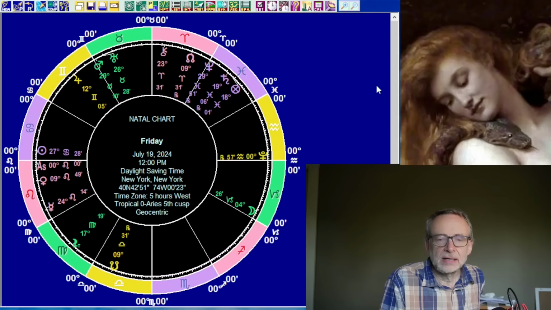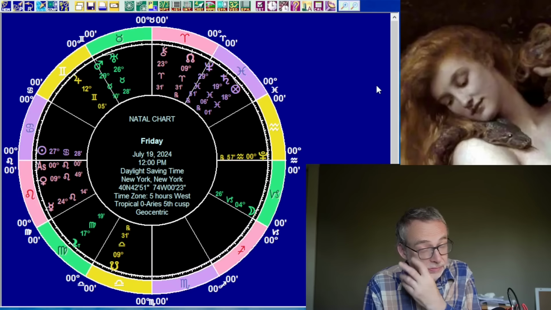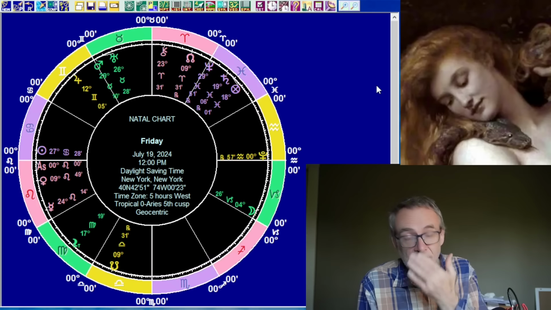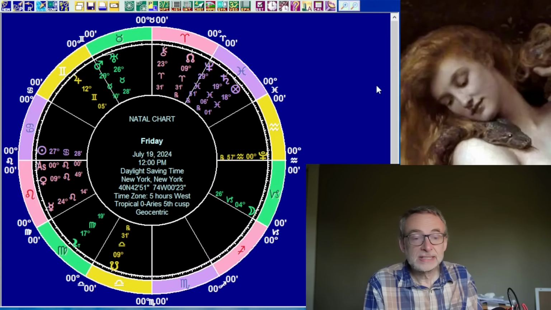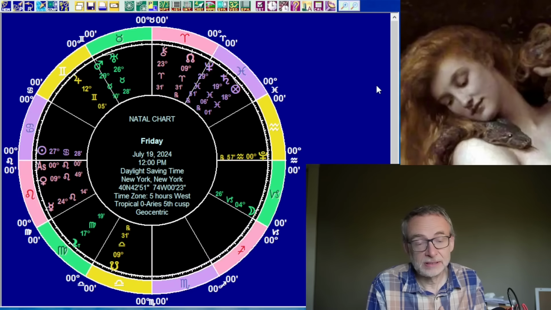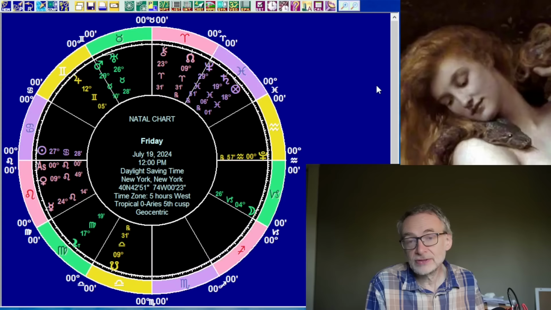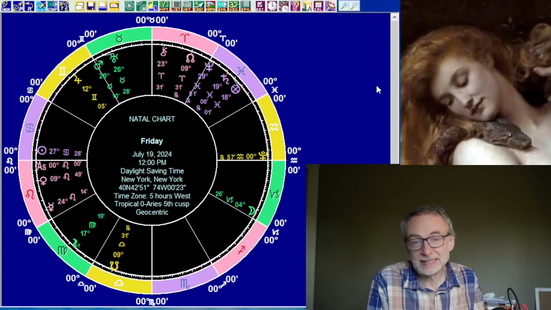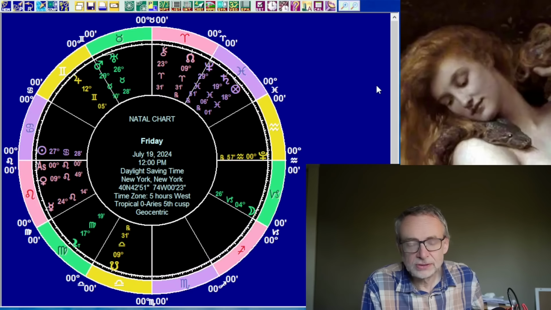And this might be also quite a special time for Leos, because you're getting ready for something, and what you're getting ready for is the sun moving into Leo. The sun is now at 27 degrees 28 Cancer, noon New York time.